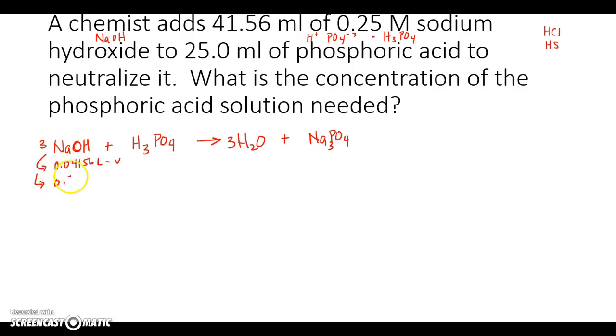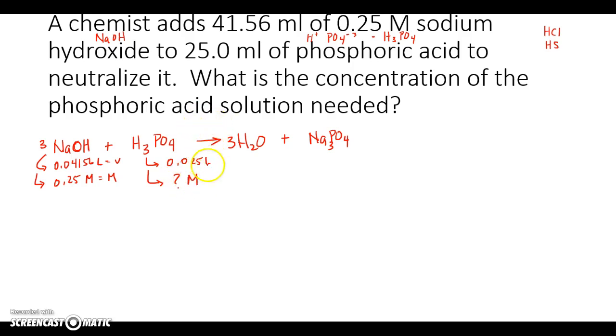And I have 0.25 molar solution, and that is my molarity. For my acid, it tells me I have 0.025 liters of phosphoric acid. Again, I'm instantly converting the milliliters into liters, and I am looking for molarity.